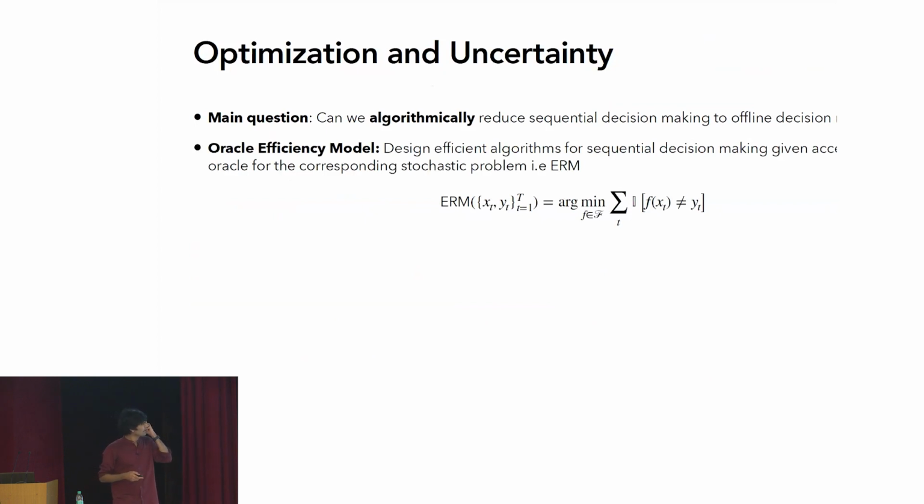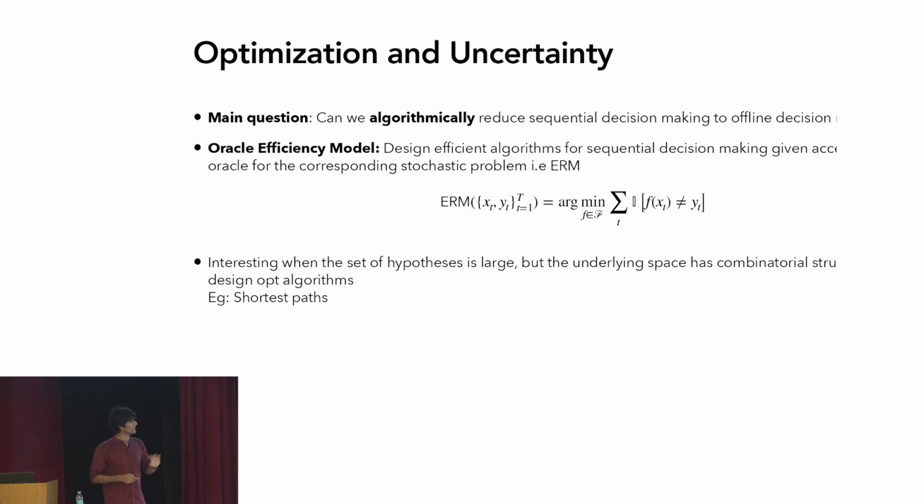What it says is that you get access to an ERM Oracle, which can solve the problem of: in the class, what is the best hypothesis for the data that you have seen so far. This Oracle would suffice for the offline problem, because from VC theory, ERM gets you low regret. So what it is trying to capture is: if you could solve the offline problem, can you also solve the analogous online problem?